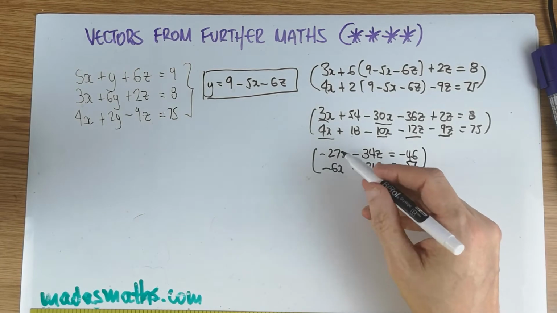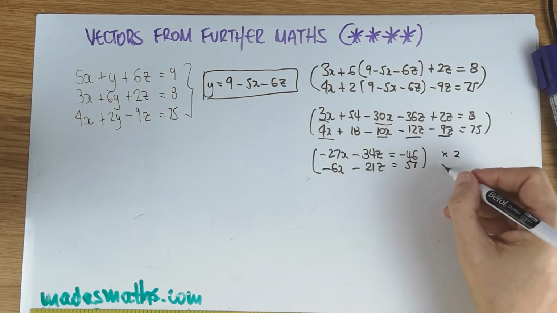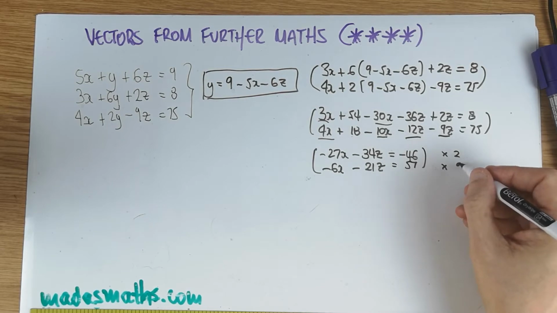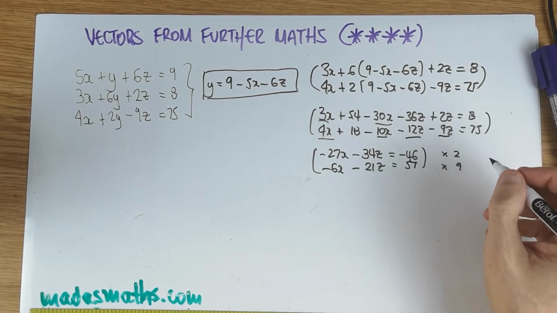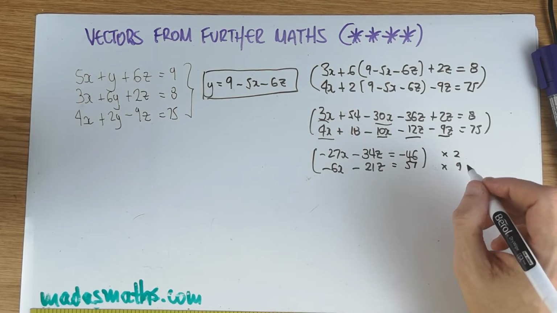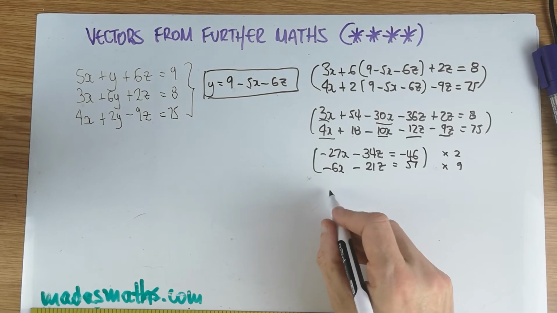I'm going to eliminate the x's, so this one is going to be times 2, this one is times 9, that's 54, that's 54, and one of them will be a plus or a minus, it doesn't really matter, I'll leave it as a plus for both of them, and I'll subtract.